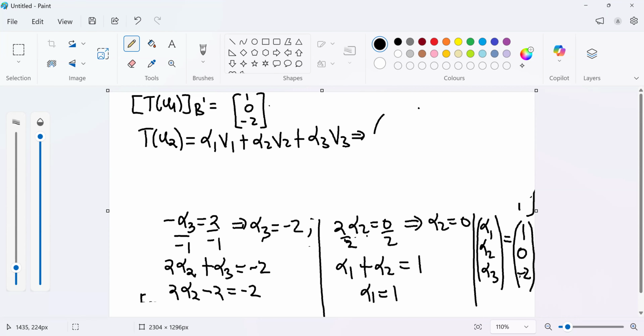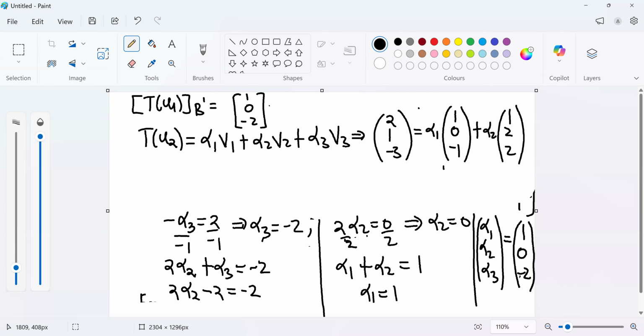TU2, according to what I obtained earlier on, was 2, 1, negative 3. This is equal to alpha 1 times V1, which is 1, 0, negative 1, plus alpha 2 times 1, 2, 2, then plus alpha 3 times V3, which is 0, 1, 2.